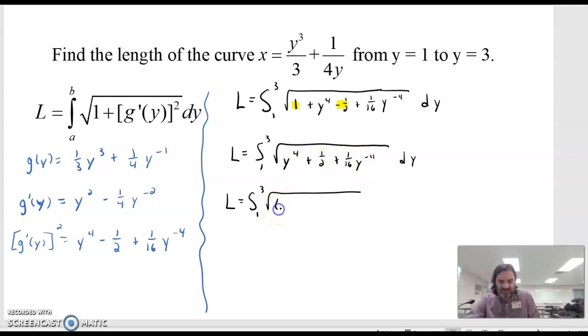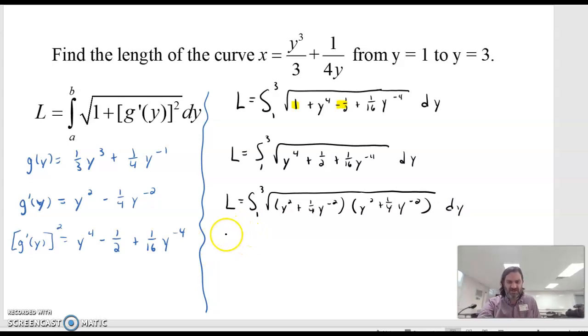So this thing under the square root factors into y squared plus 1/4 y to the negative 2 times y squared plus 1/4 y to the negative 2. So as far as a square root, we get the integral from 1 to 3 of y squared plus 1/4 y to the negative 2.